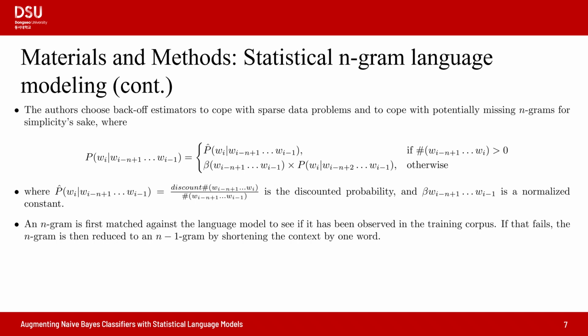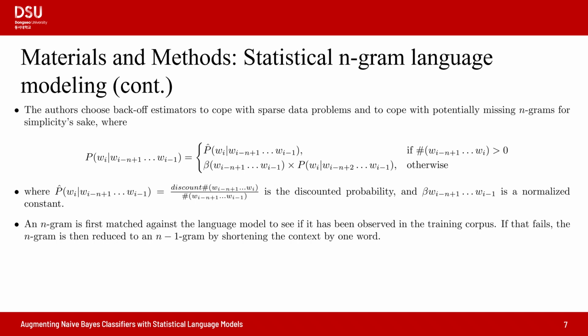P of w_i given w_{i-n+1} till w_{i-1} will take the value of P-cap of w_i given w_{i-n+1} till w_{i-1} if the number of occurrences, given by the count of w_{i-n+1} till w_i, is greater than 0.